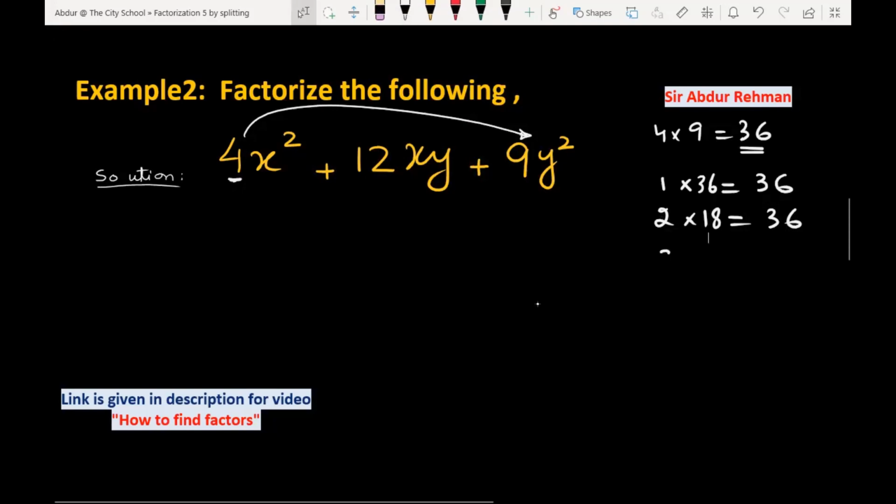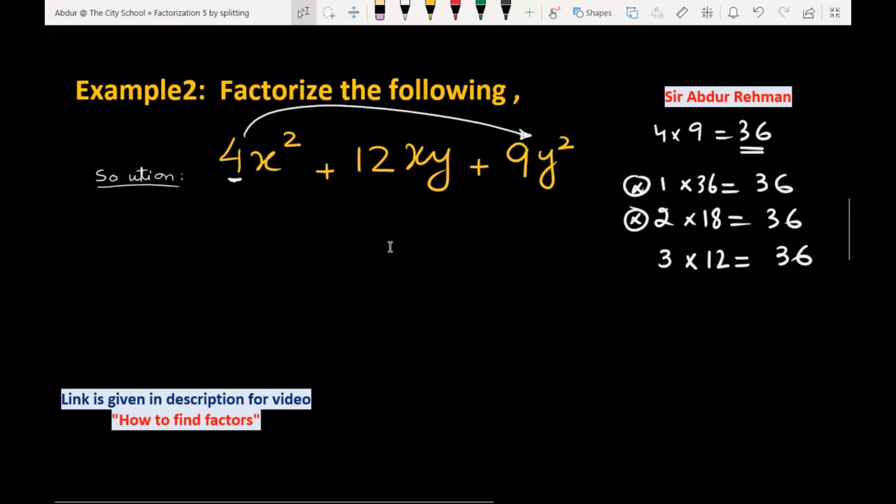Now it is rejected. This is also rejected. 3 times what is 36? When you divide 36 by 3, you will get 12. Let's check. 12 plus 3 is 15, but it is 12 here, and 12 minus 3 is 9.